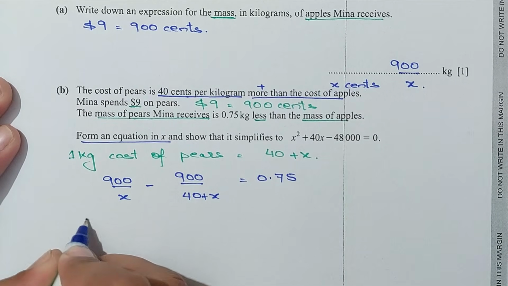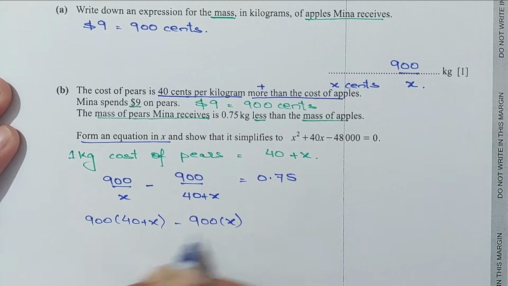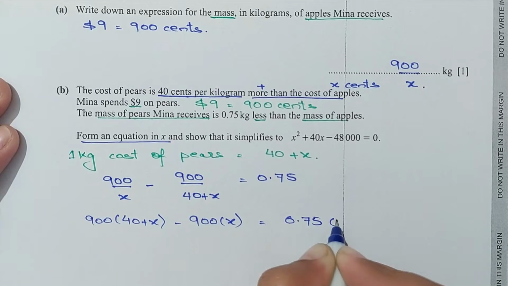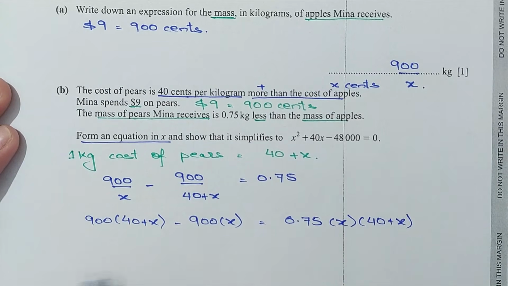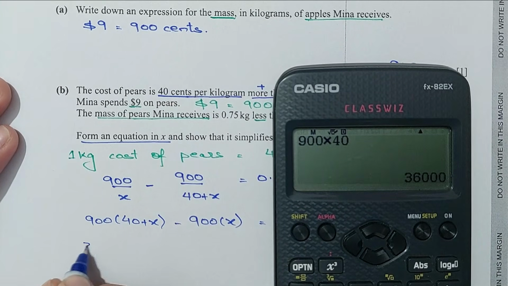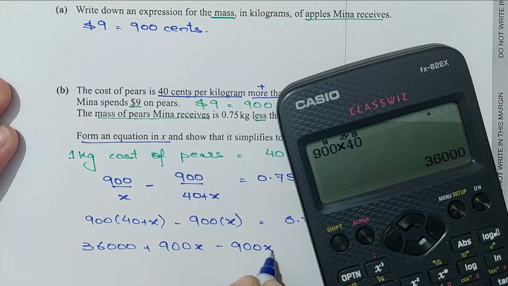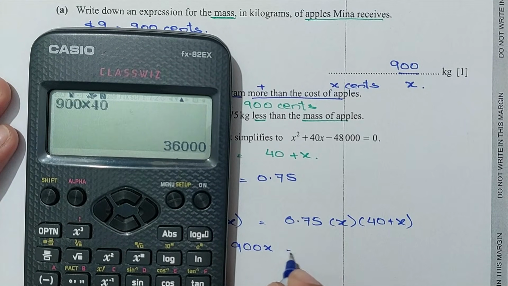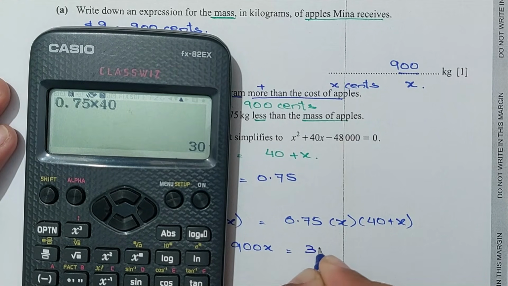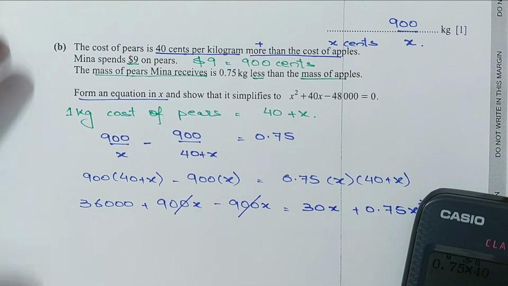Now let's simplify. 900 times (40 plus x) minus 900 times x equals 0.75x times (40 plus x). 900 times 40 is 36,000, plus 900x minus 900x, and this should equal 0.75x times 40, which is 30x, plus 0.75x times x, 0.75x squared. So the 900x terms cancel out.